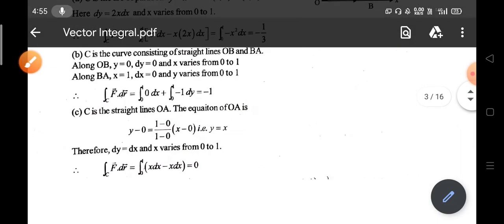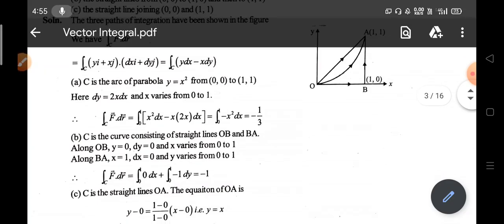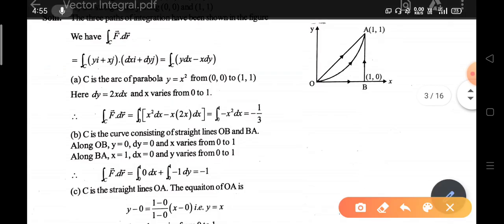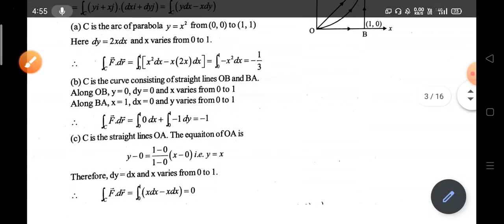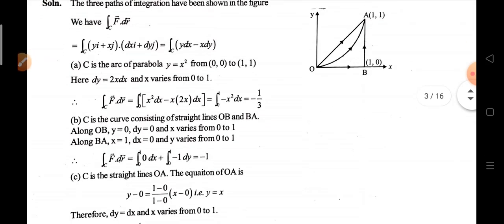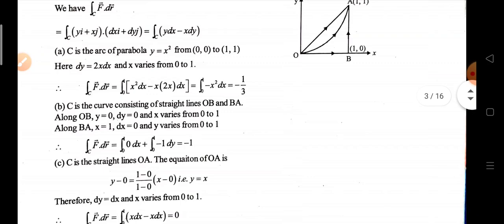So here what you understand is that the work done is path dependent, because choosing different paths it is giving you different results. One is minus 1/3, another is giving you minus 1, and the third one is giving you 0.